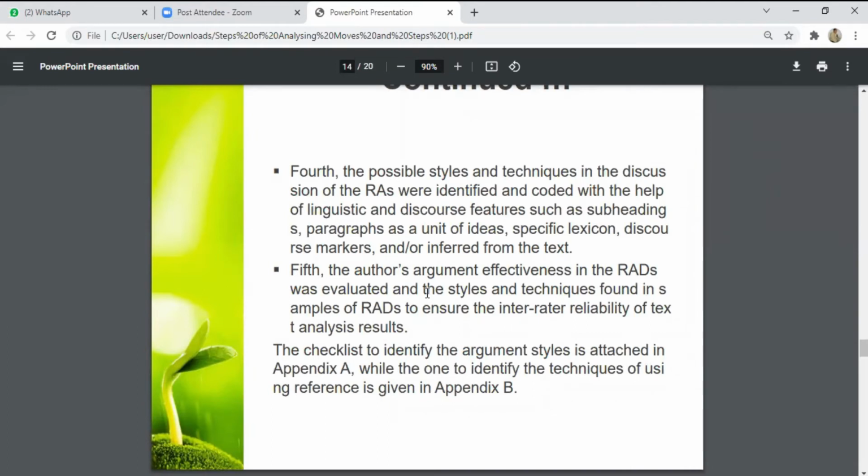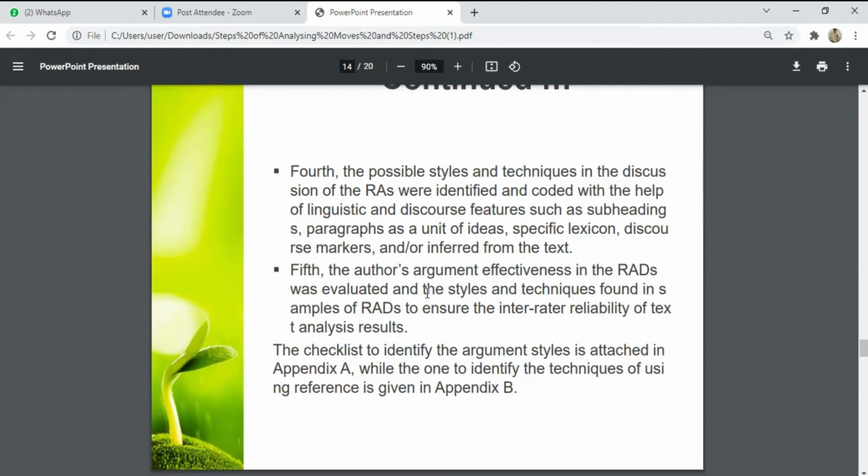The checklist to identify the argument style is attached. So we have to have the checklist, the instrument. Without the instrument, we cannot analyze the discourse. The instrument is very important. It is called a checklist.